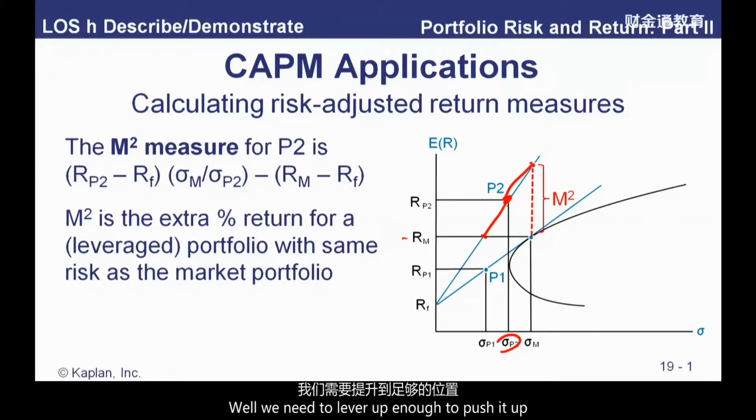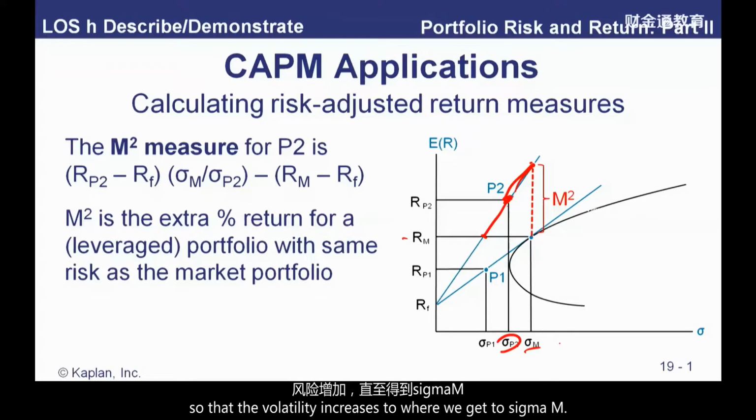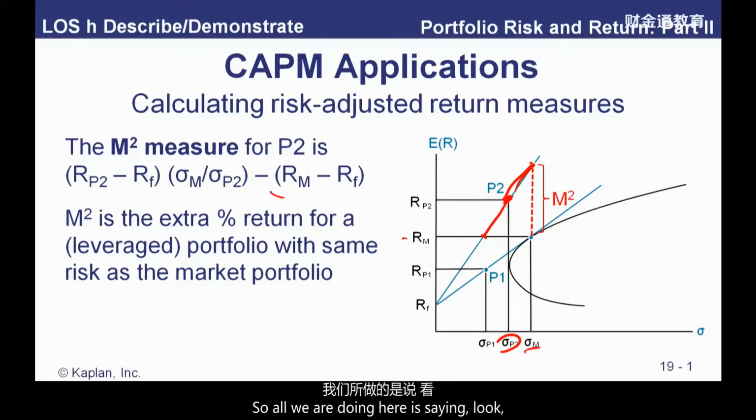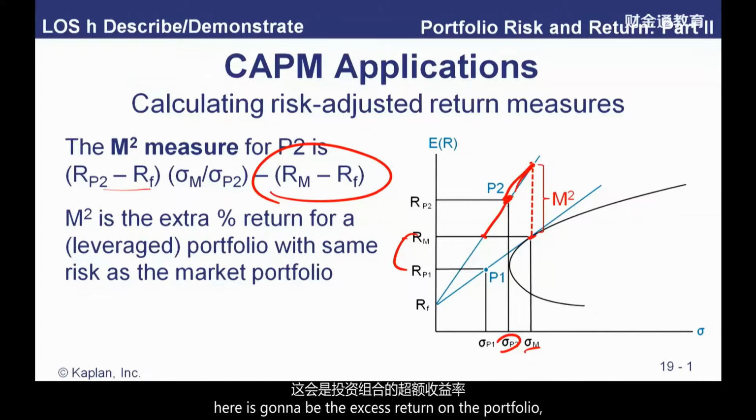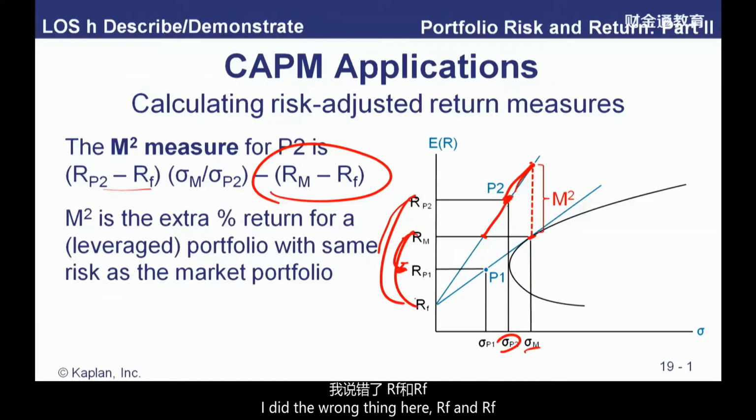Well, we need to lever up enough to push it up so that the volatility increases to where we get to sigma M. So all we're doing here is saying, look, this is the excess return on the market, RM minus RF, so that's right here, right? So RM minus RF, that's our standard. If you have the same risk, but you can generate more return, you're better than the market. So we're subtracting that off. Here is going to be the excess return on the portfolio. That's RP2 minus RF.